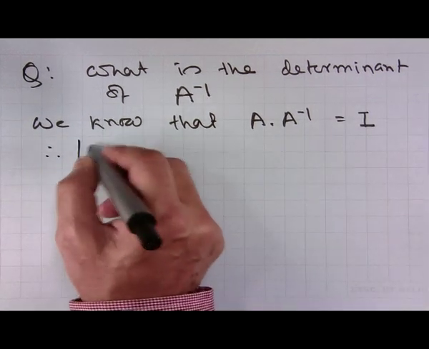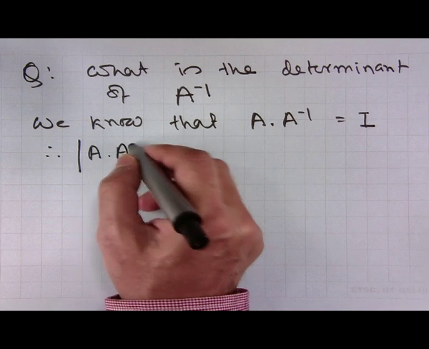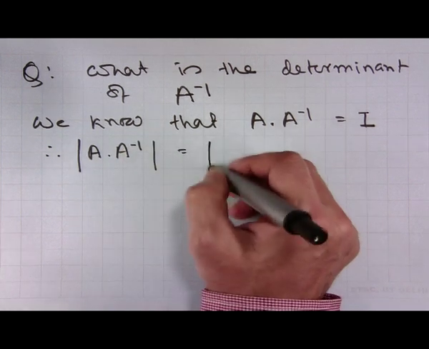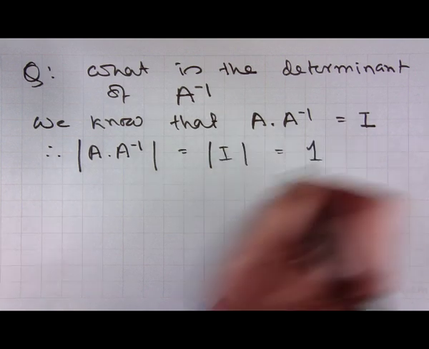Therefore, determinant of A into A inverse is equal to determinant of I, is equal to 1.